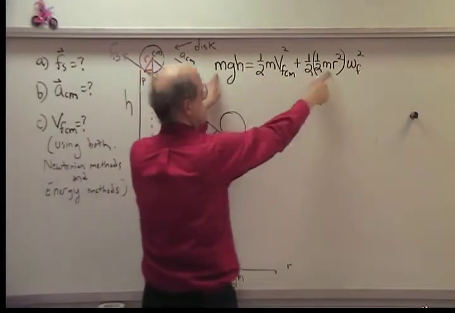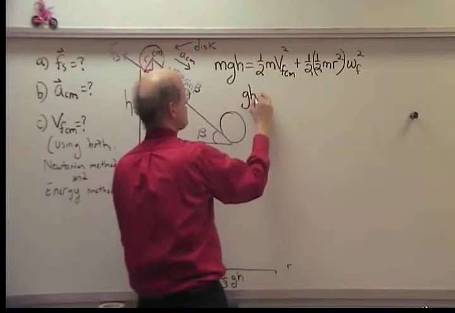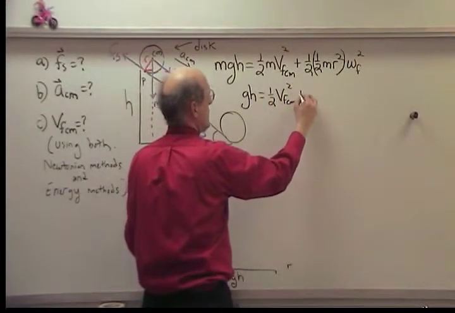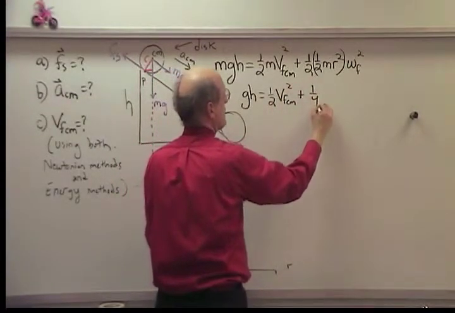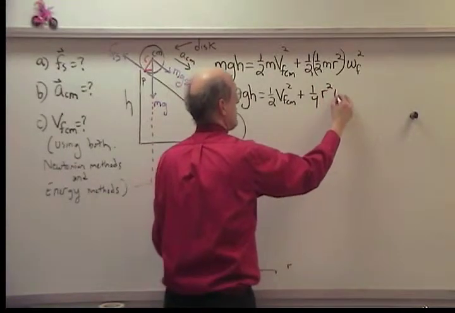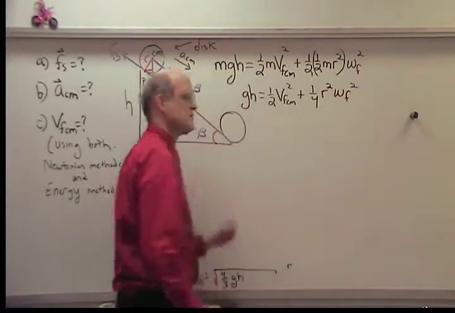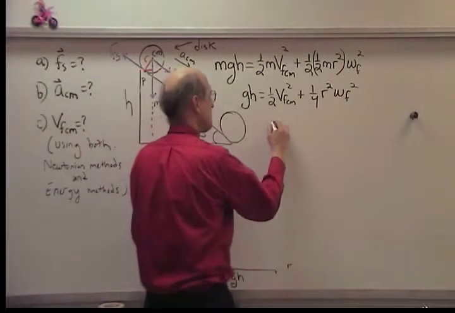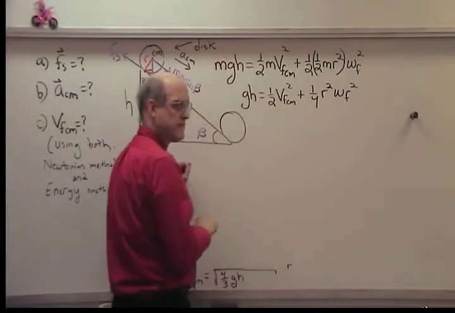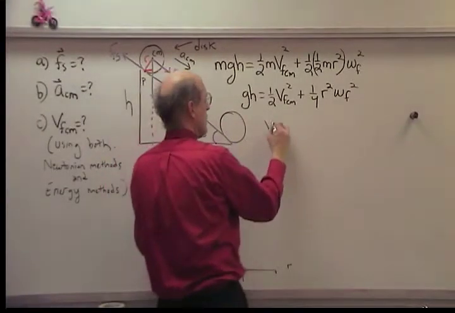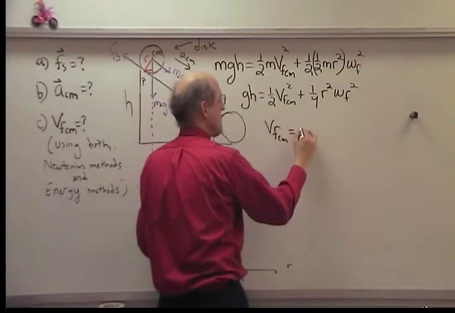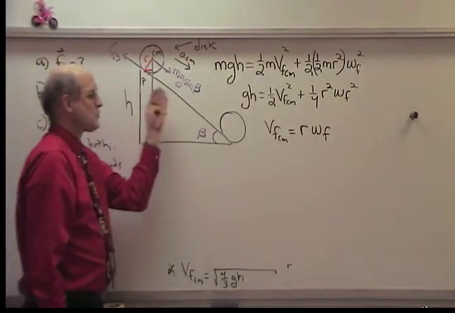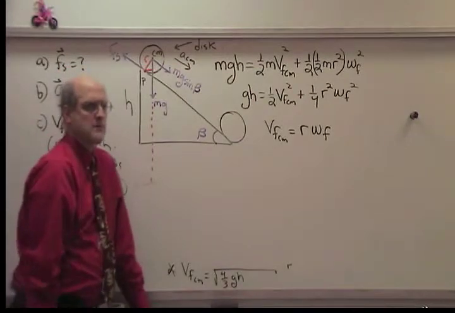Now mass appears in each term, so we get GH is equal to 1/2 VFCM squared plus 1/4 R squared omega F squared. Now since it rolls without slipping, we can express omega F in terms of VFCM and R. Recall that VFCM should be equal to R omega F if the disk rolls without slipping.